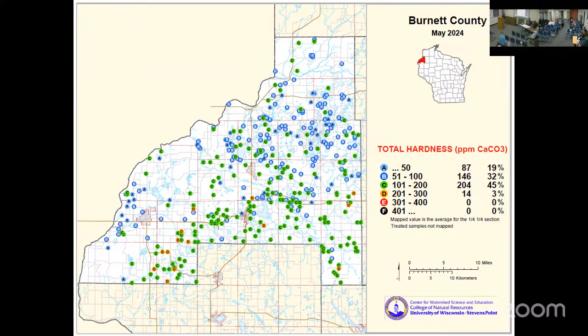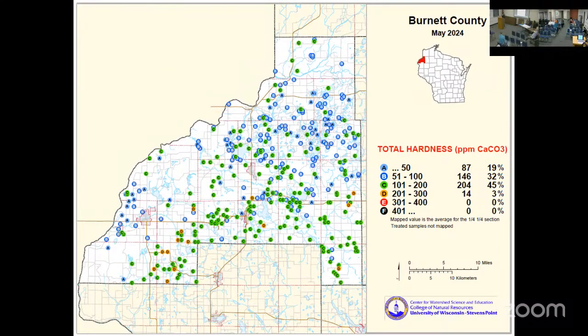So when we talk about water softeners or the need for water softeners in Burnett County, they are not going to be as common as we might expect in other parts of the state, like eastern Wisconsin, which may have hardness levels of 300 or 400 milligrams per liter due to the geology and the soils that they have there.